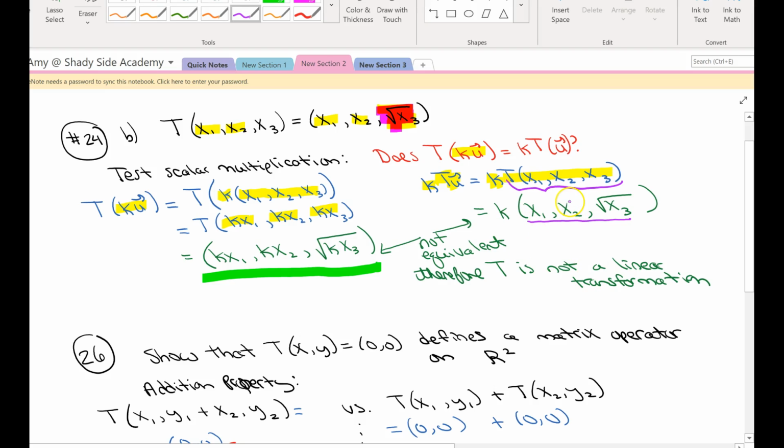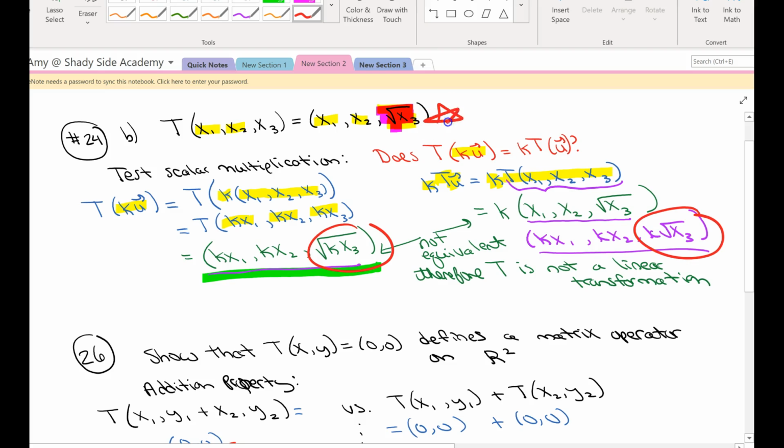And then k times that, I didn't write it out, but at the end it's going to equal kx1, kx2, k root of x sub 3, okay? And these are not equivalent. These expressions are not equivalent precisely because of this third component here, okay? All right, so we have shown that the transformation defined as such is not a linear transformation.